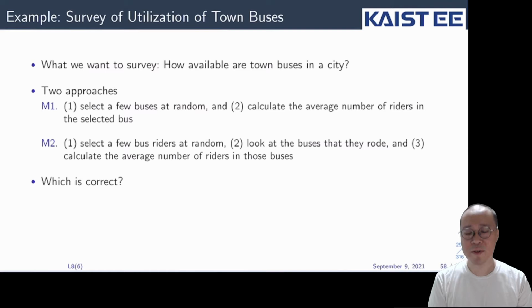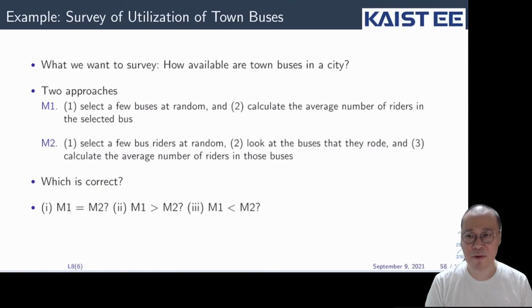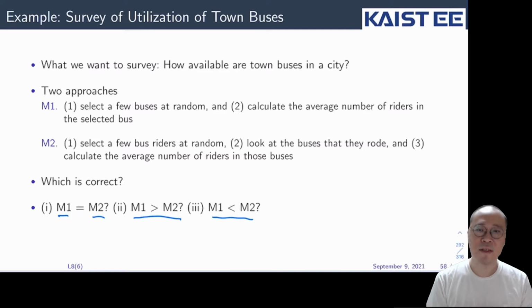You may be wondering whether the numbers investigated by these two methods would be the same, or maybe M1 is larger than M2, or M2 is larger than M1. Probably one of the three possibilities is correct. What do you think? This is a very interesting question.